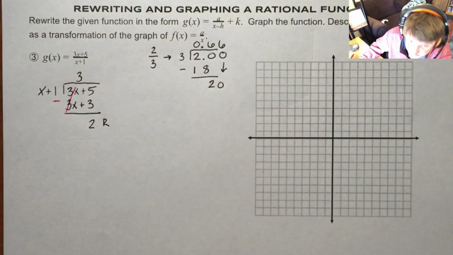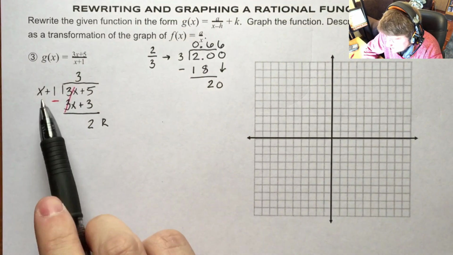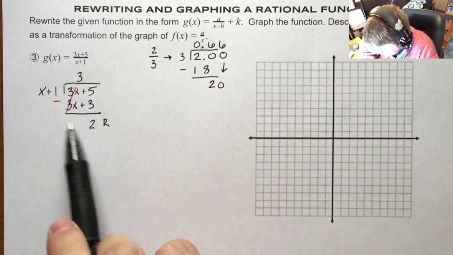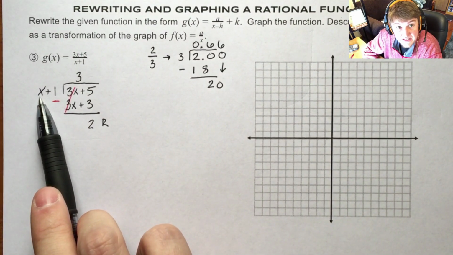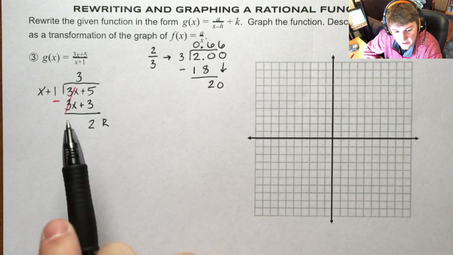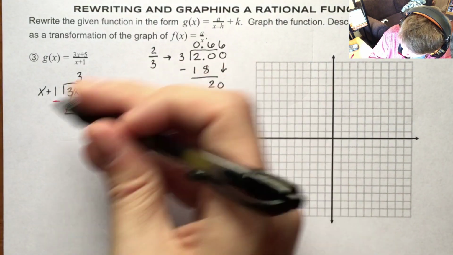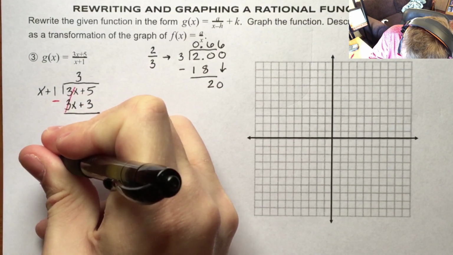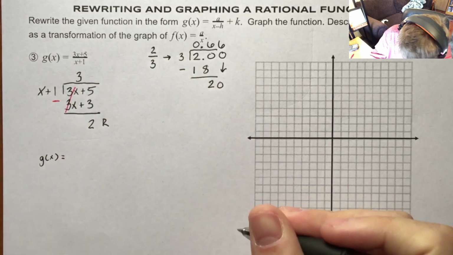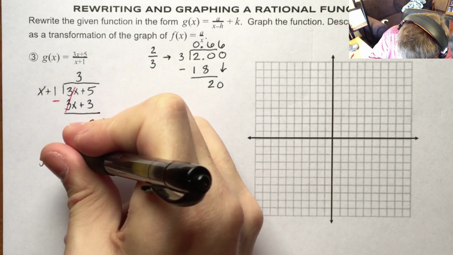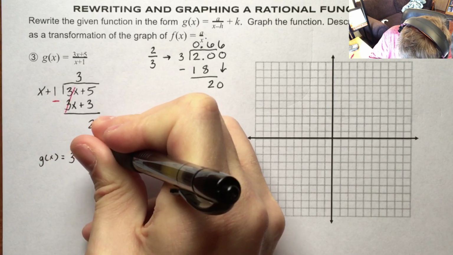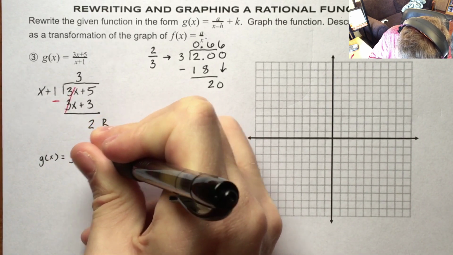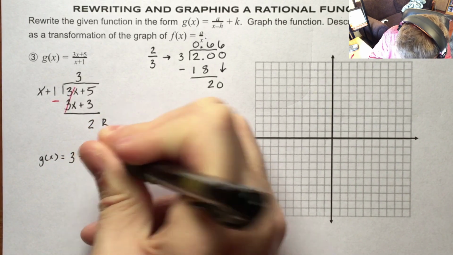I know that this is a remainder of 2 because with this 2 here, I cannot multiply x by a nice neat number to get 2. So that means when I rewrite this, I know g of x is going to be equal to 3 plus that remainder of 2 divided by x plus 1.